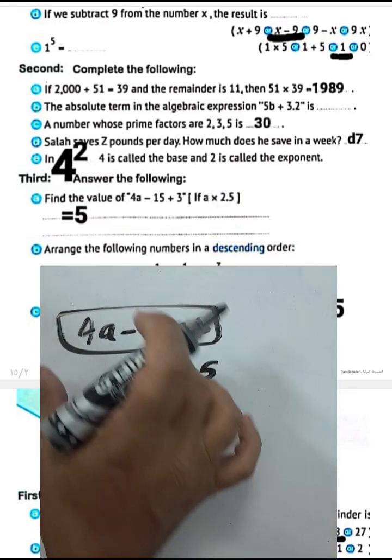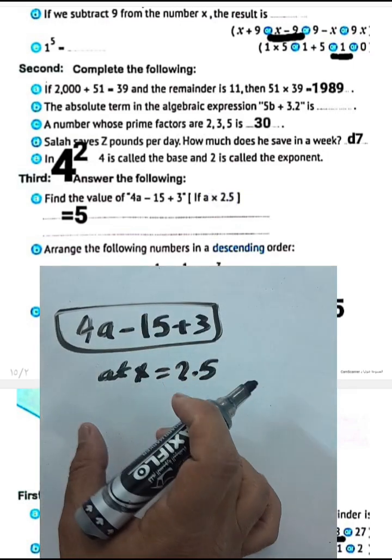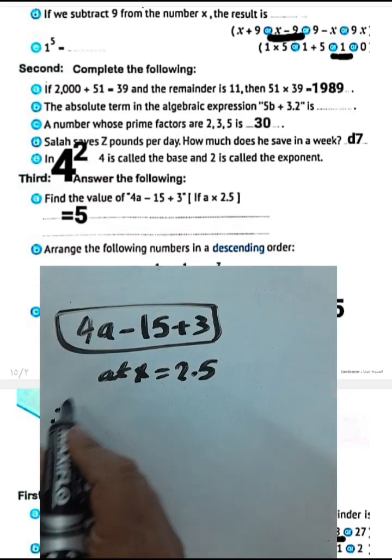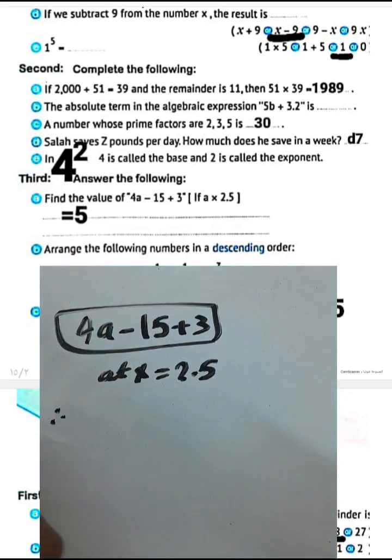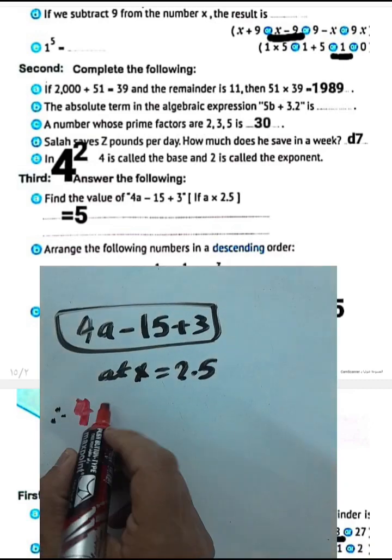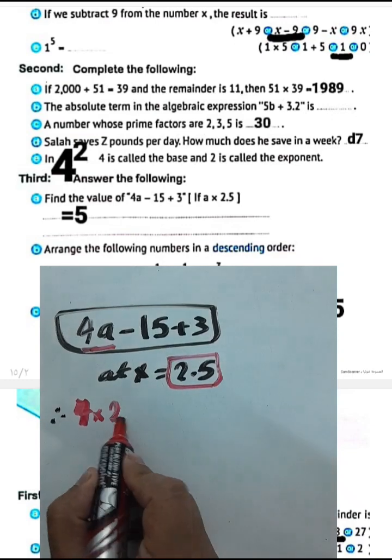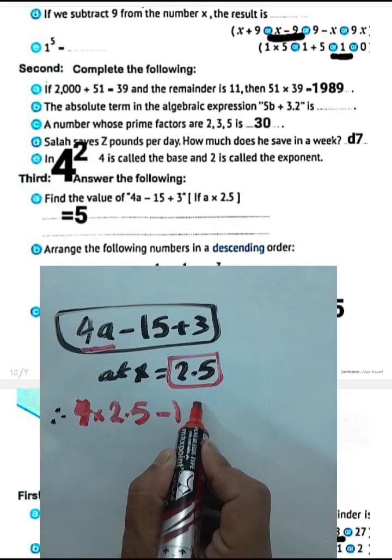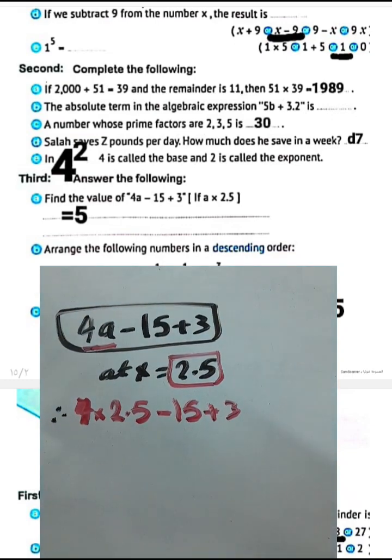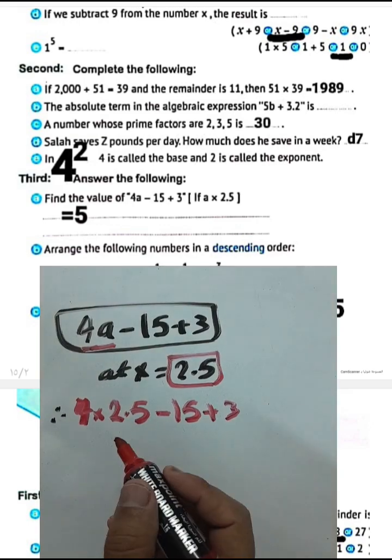If x equals 2.5, then we must put a equal 2.5 in this example. Then we can write 4a, meaning 4 multiplied by a equal 2.5. 4 times 2.5 subtract 15 plus 3. 4 times 2.5 will be what?